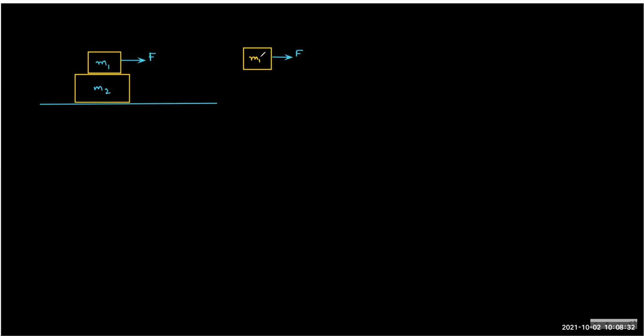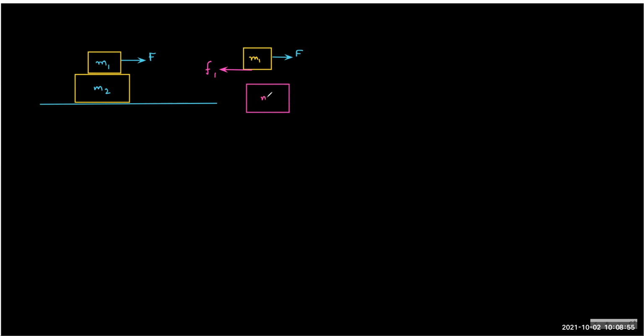And because the tendency of M1 is to go right, M2, meaning the surface of M2 in contact with M1, will try to oppose it. So the obvious direction of friction is left. Now for M2 it is easy.